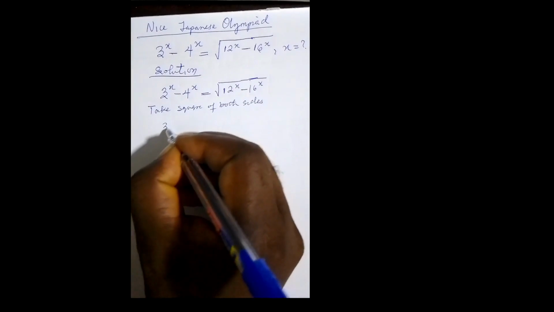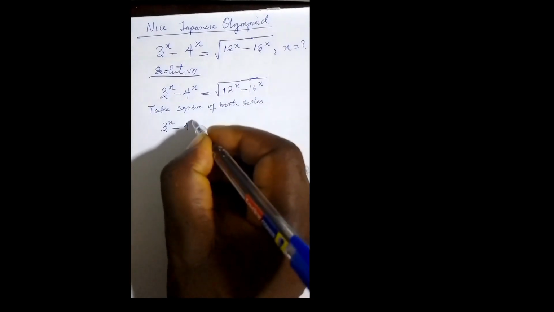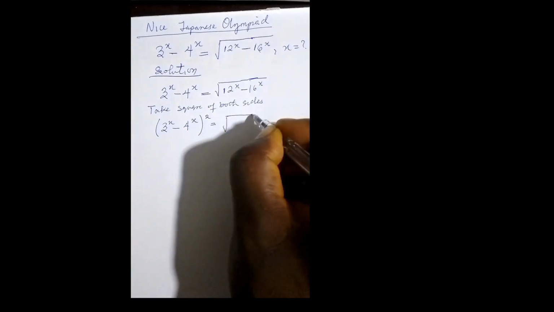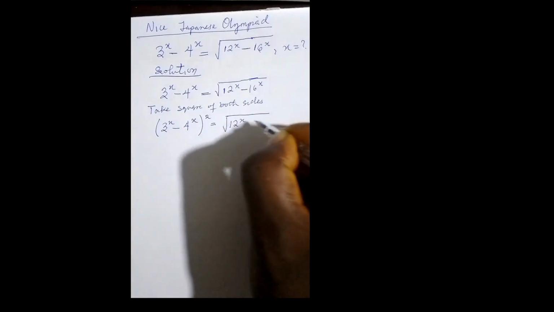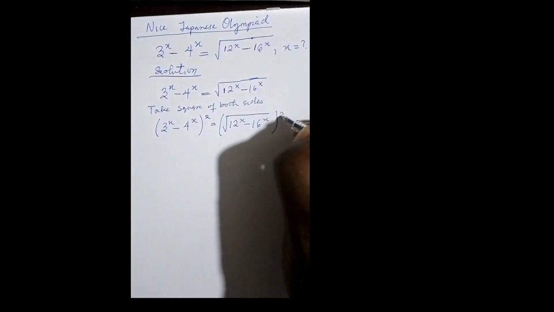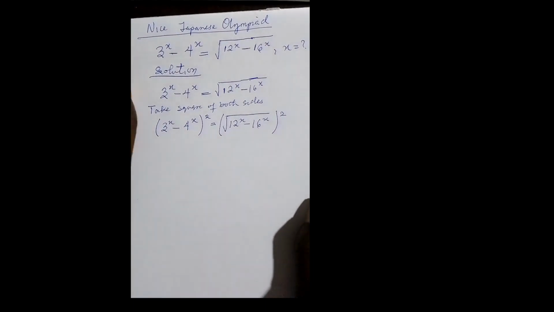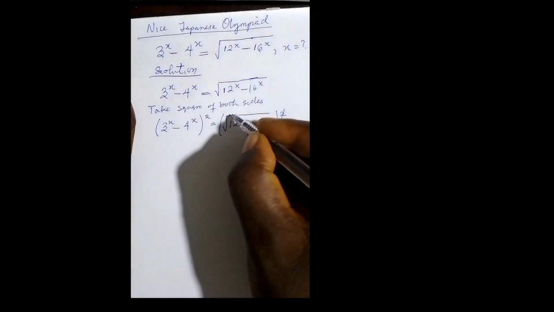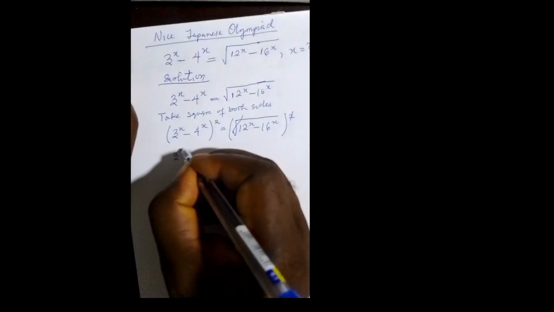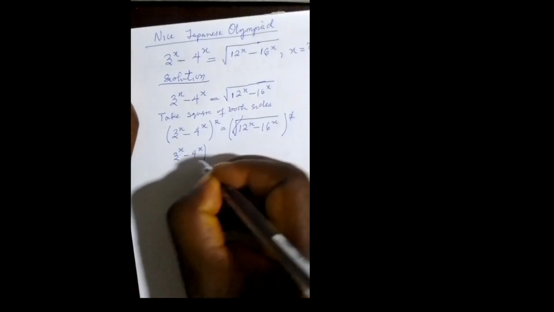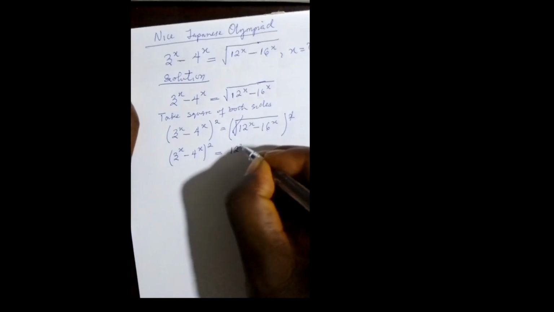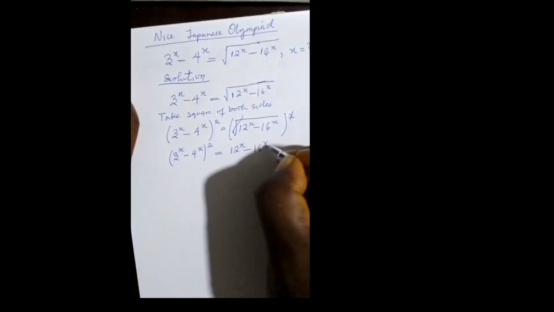So that we have (3 to the power of x minus 4 to the power of x) all squared equal to (square root of 12 to the power of x minus 16 to the power of x) all squared. And we all know that the square will undo the square root. So we have (3 to the power of x minus 4 to the power of x) all squared equal to 12 to the power of x minus 16 to the power of x.